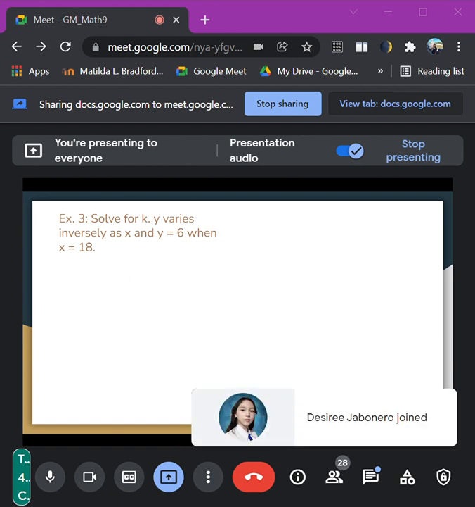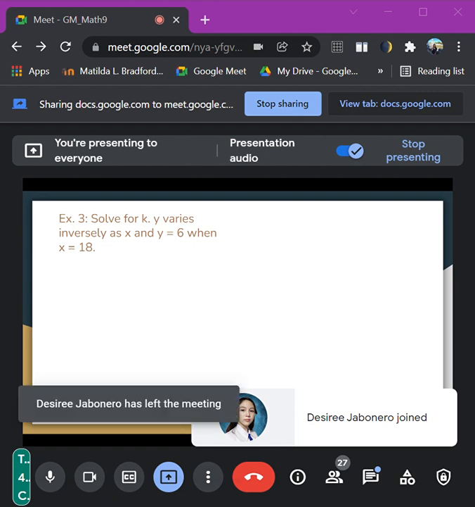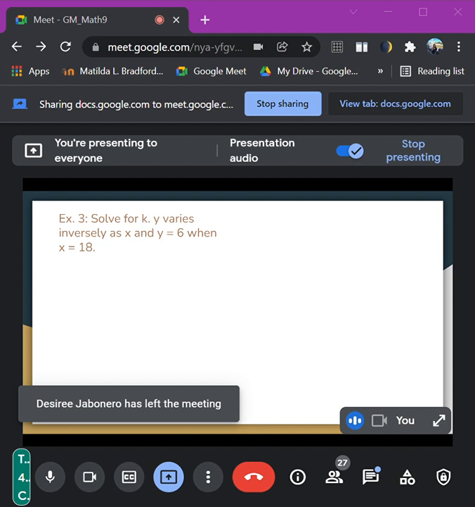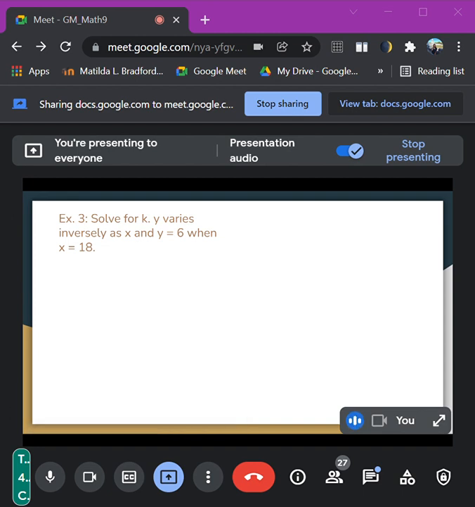Now, this time we're going to proceed with our example number 3. So we're going to solve for K, meaning we're going to solve for our constant. So we have here our problem. Y varies inversely as x, and y is equal to 6, and x is equal to 18. This is where you start, class. Your first sentence, that would be your equation.